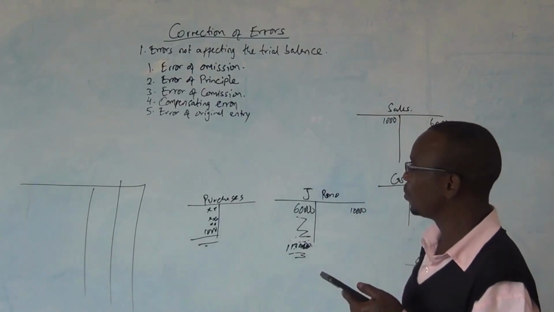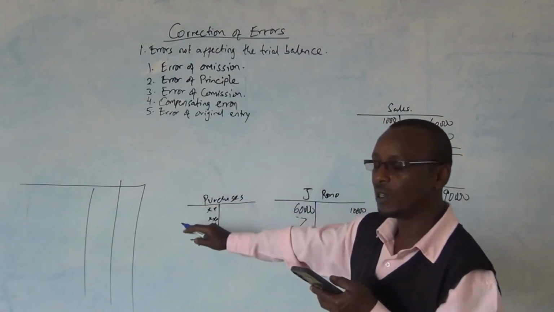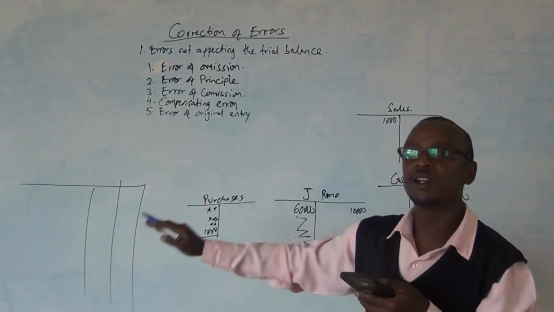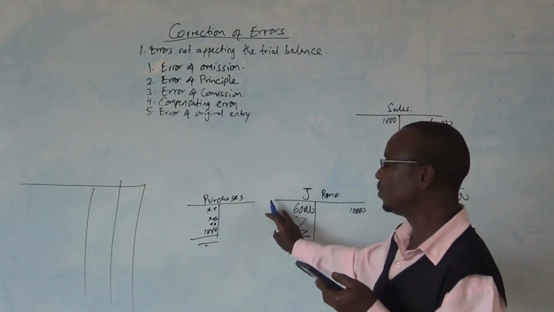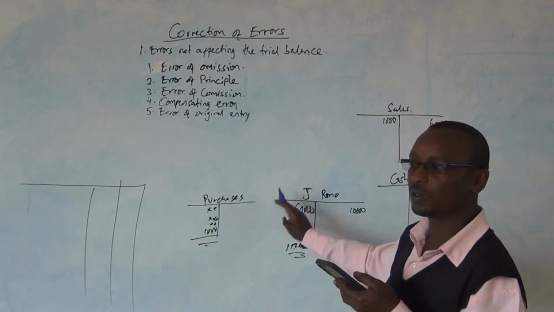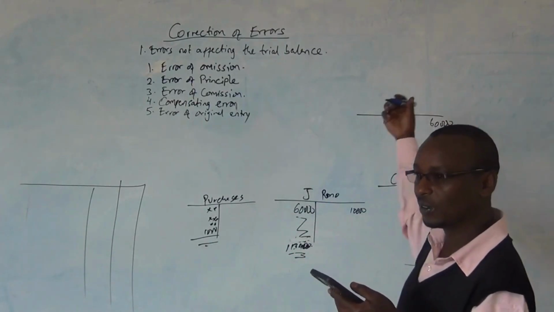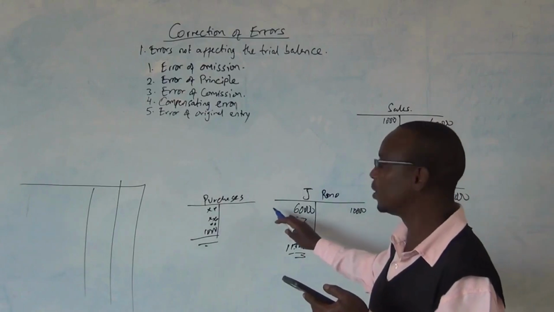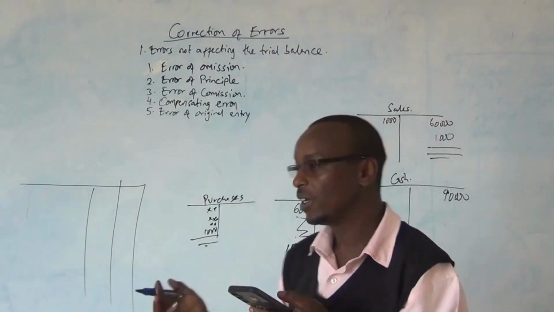So on the journal, you debit sales with the amount, credit Jairono with the amount, and give the narration: correction of error by Jairono. Our account was overstated by 10,000. At the same time, the sales account was also. Or the error of original entry where the amount of 50,000 was entered as 60,000.